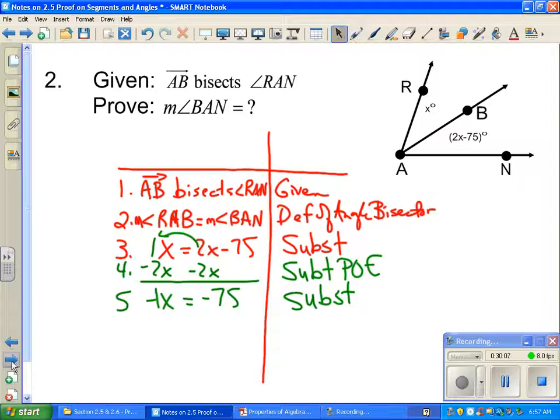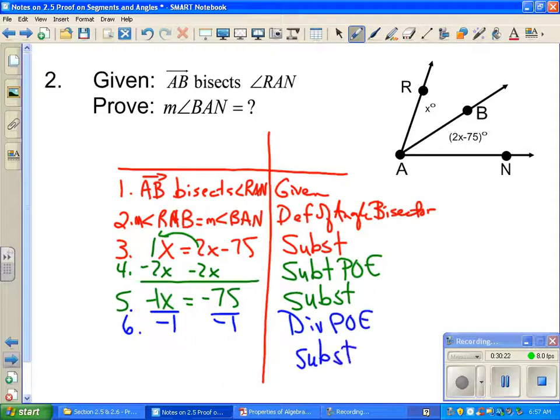So, to finish this question, I see that this x term over here has a negative 1 in front of it. So let's divide by negative 1 for step 6. That's division property of equality. And substitute in the answer for what that would represent. So in number 7, x equals 75.